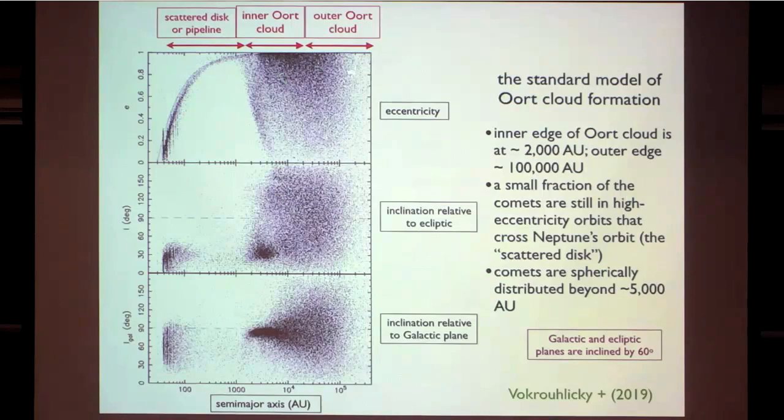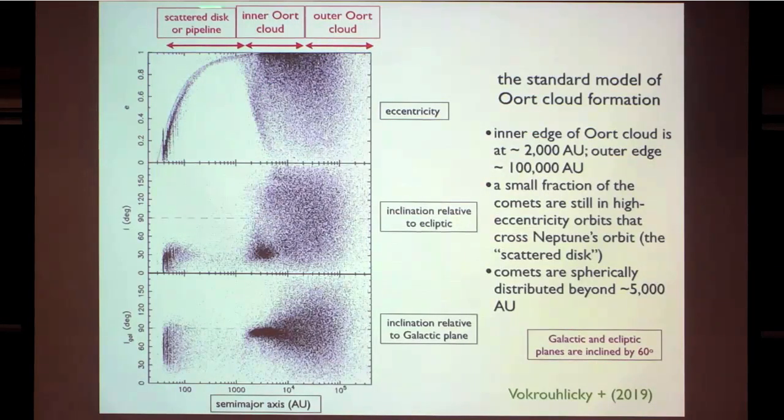So the conclusions from this is that the part of the Oort cloud that we see is outside about 20,000 AU. That's the outer cloud. There's an inner cloud as well that stretches into about 2,000 astronomical units. The outer edge of the cloud goes out to 100,000.